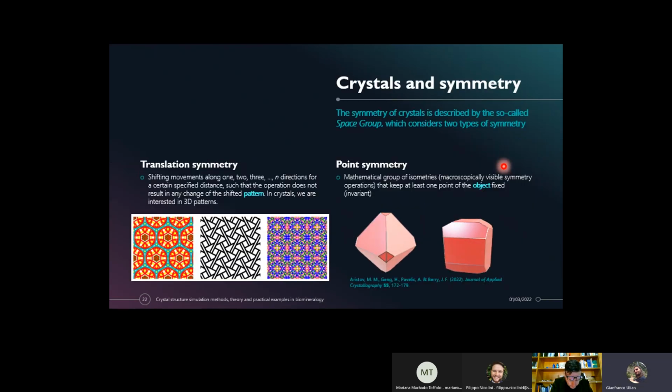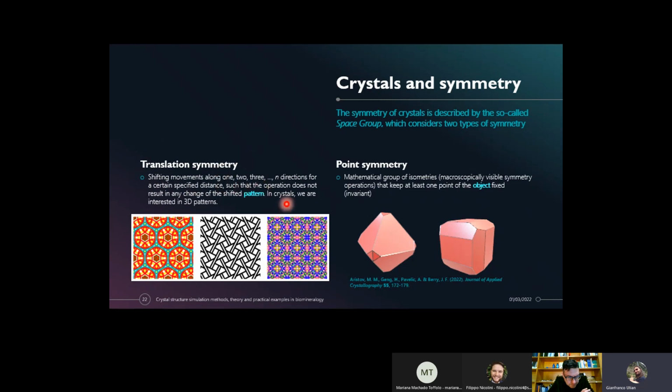Let's apply this concept to crystallography and to crystals. When we talk about symmetry in crystals, we must introduce the so-called space groups, which are a mathematical set of rules. We'll see some of them later. They consider 2 types of symmetry. The translation symmetry, that is the shift movement along, in crystallography, 3 directions, for a certain specific distance, such that the operation does not result in any change of the shifted pattern.